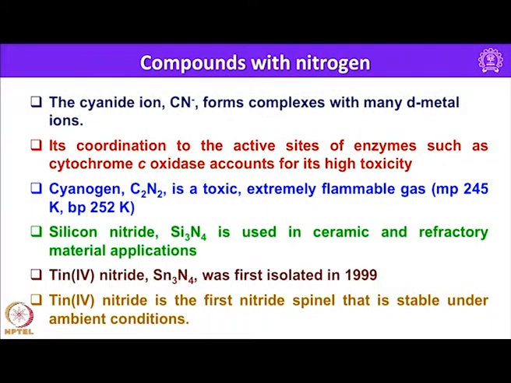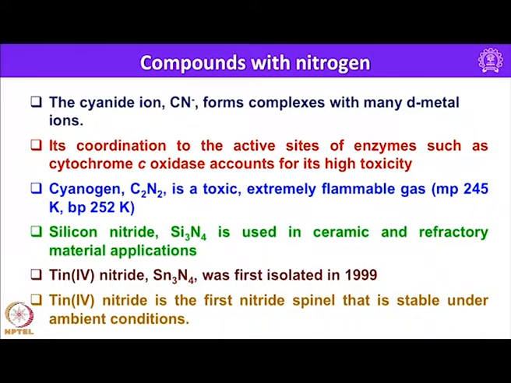Cyanide is there, very important in coordination chemistry. CN- forms numerous complexes with many d block metal ions. Its coordination to the active sites of enzymes such as cytochrome c oxidase accounts for its high toxicity.